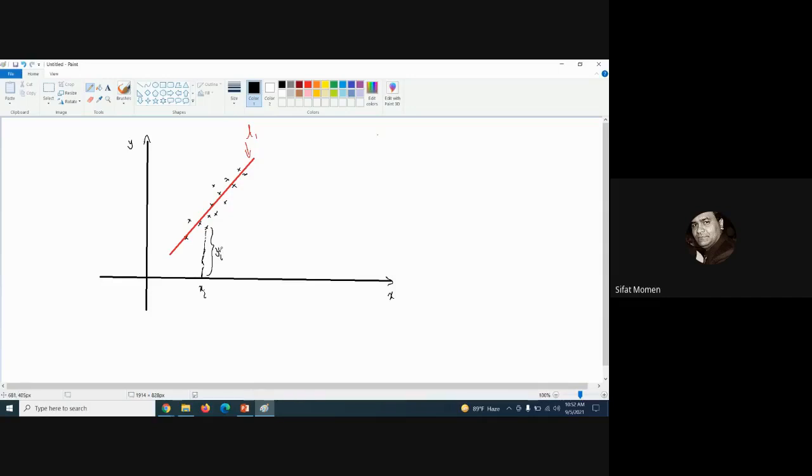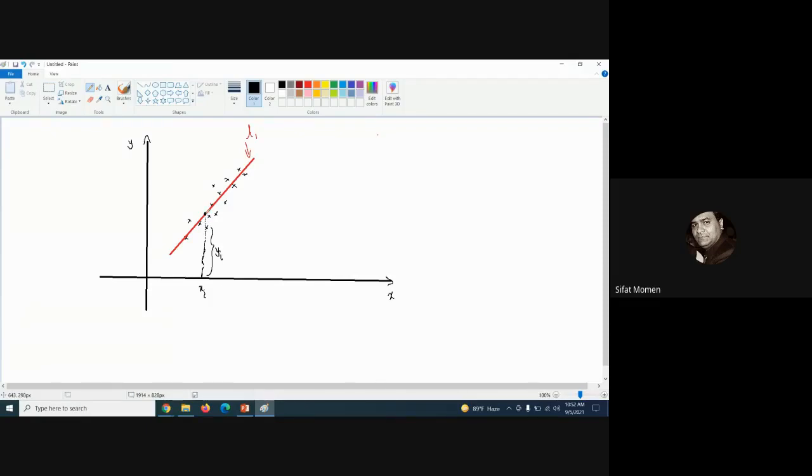But what is this regression line predicting? What is the corresponding Y value it is predicting for this X value? If we extend it further, it hits the line here, right?